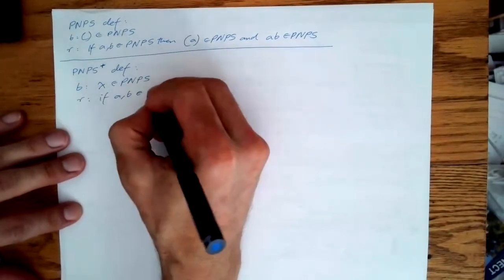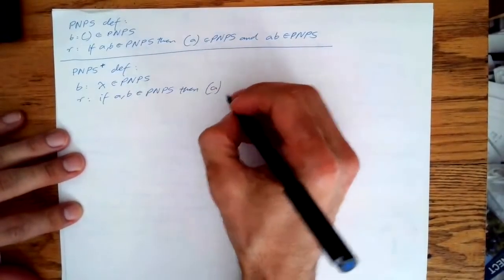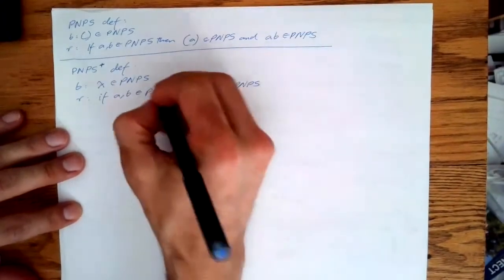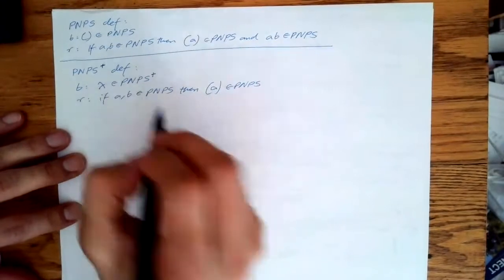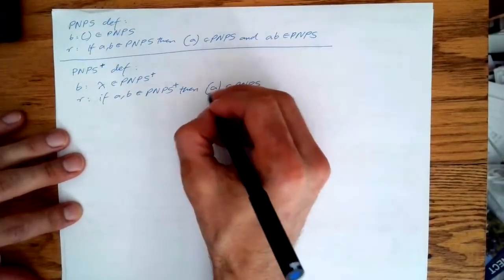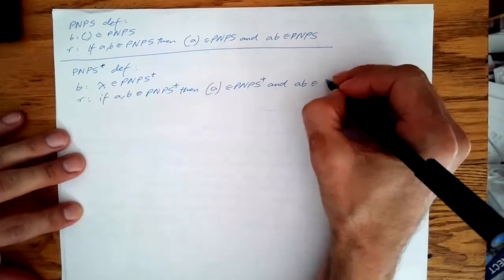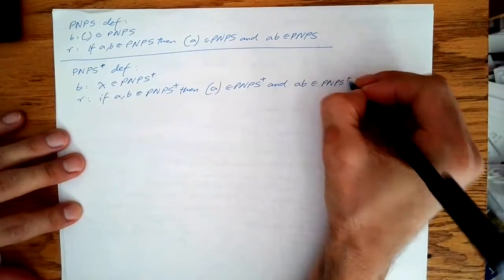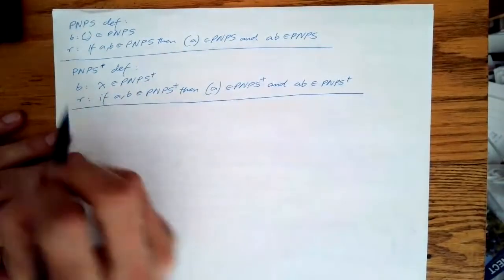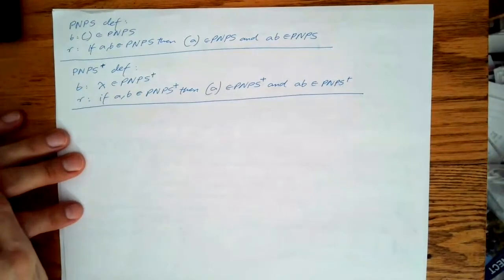So if A, B are in PNPS plus, then so is open this thing close, and so is their concatenation. What is the relation between PNPS plus and PNPS?